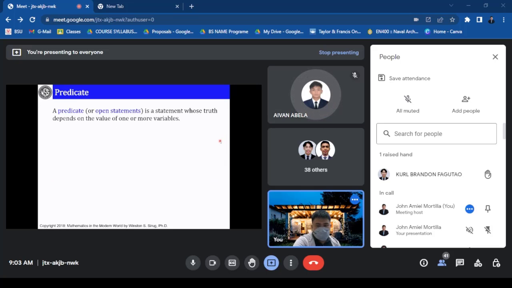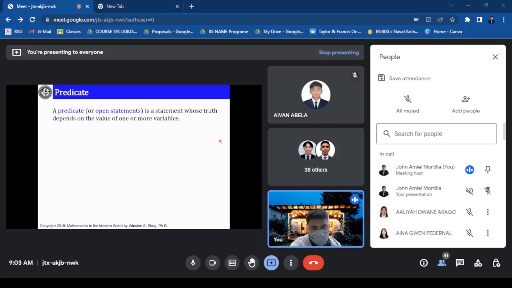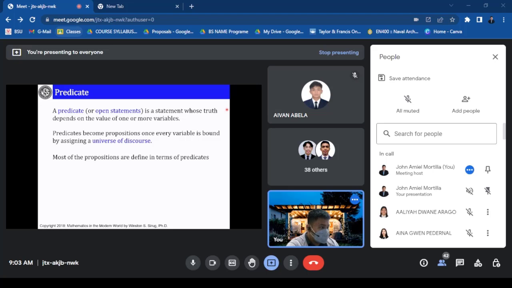So a predicate, or open statement, is a statement whose truth depends on the value of one or more variables. So predicates become propositions once every variable is bound by assigning a universe of discourse. So most of the propositions are defined in terms of predicates. So when we say x is an even number, its truth depends on the value of x.